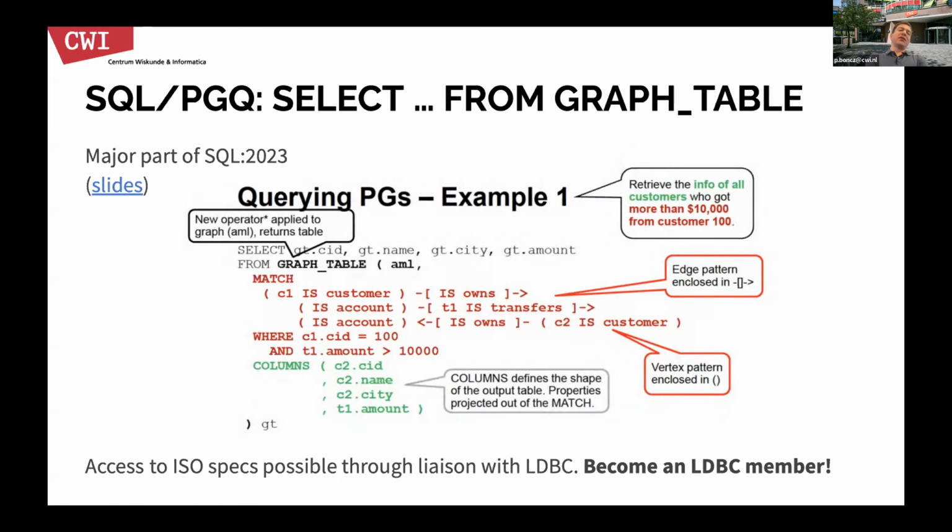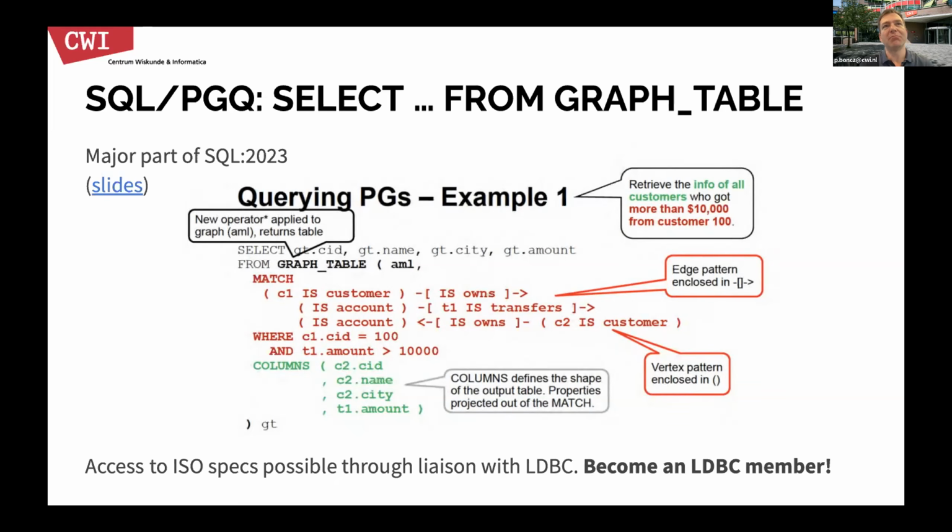Yeah. So one of the disadvantages of ISO standards is that the specs are not freely accessible. However, we have a loophole for you, because as I mentioned, this property graph business and the development of these languages also came from an initiative from LDBC, and LDBC has a liaison agreement with ISO.